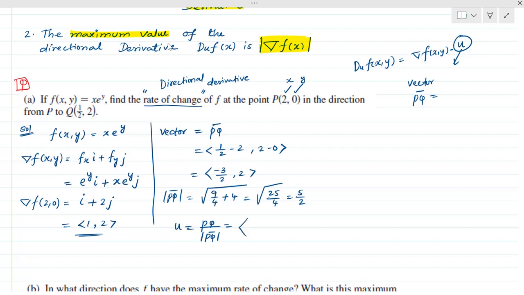If you divide it, you will get minus 3 over 2 over 5 over 2, next 2 over 5 over 2. When you cancel this part, it goes to the numerator. So the final answer will be minus 3 over 5 comma 4 over 5. So this is the unit vector you will have. Now I will take the next one as it is.